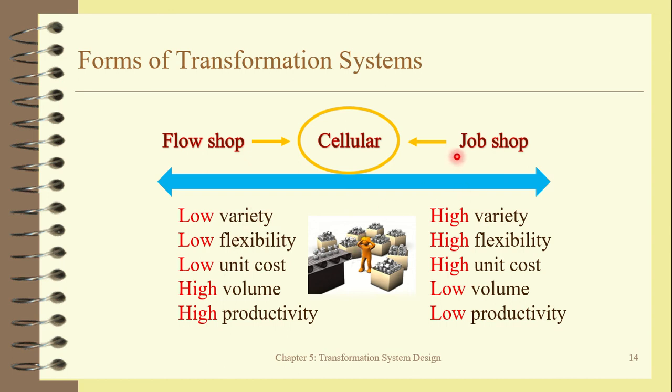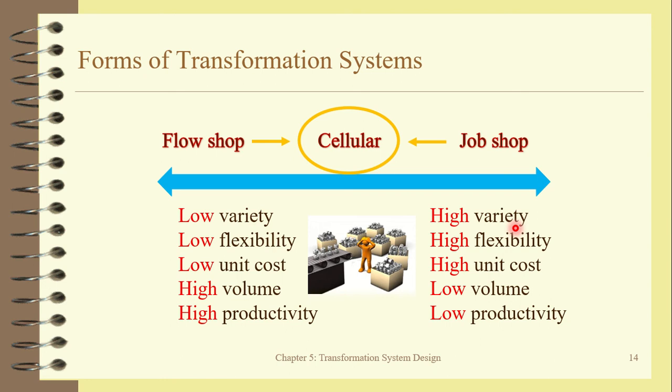But for the job shop, they focus on producing a high variety of the product. In order to produce high variety, they cannot set up a specialized production line for a product, because they will change very often.